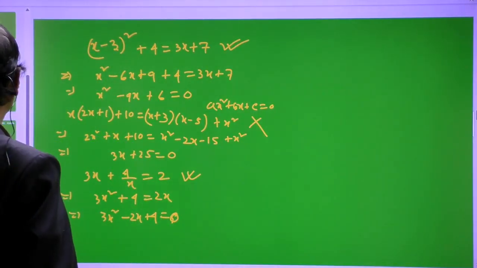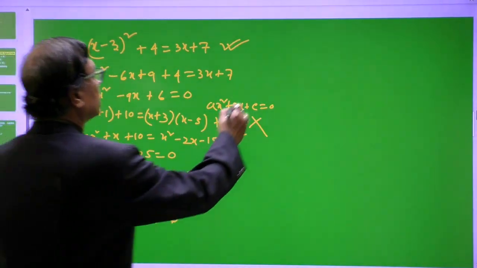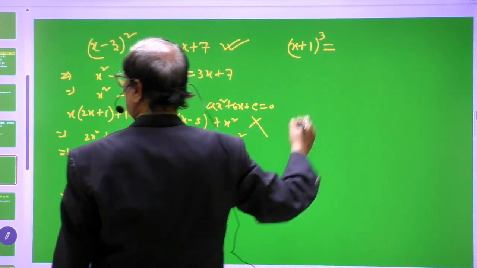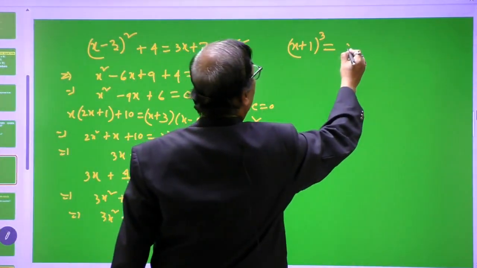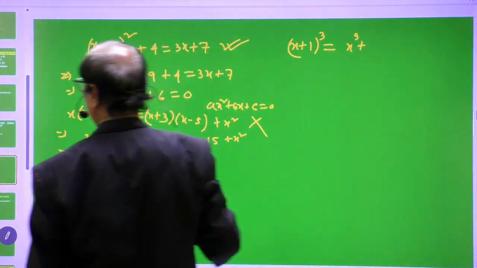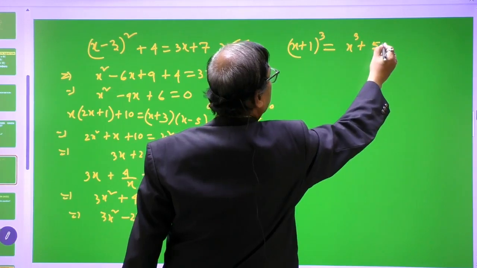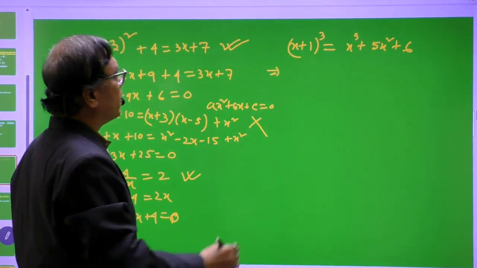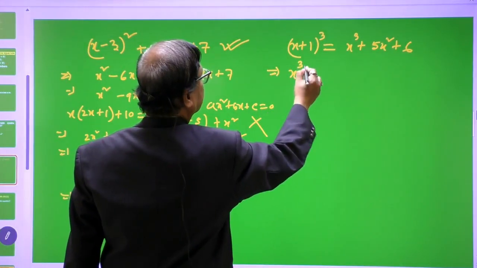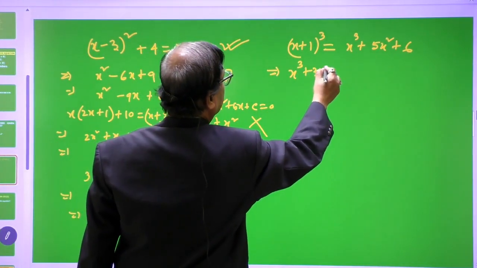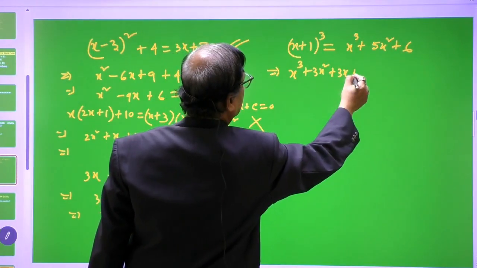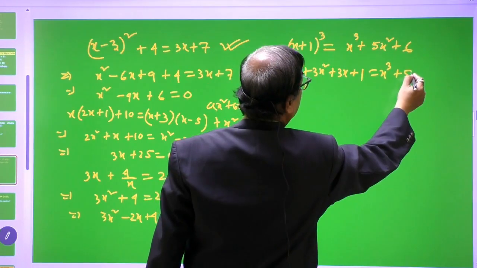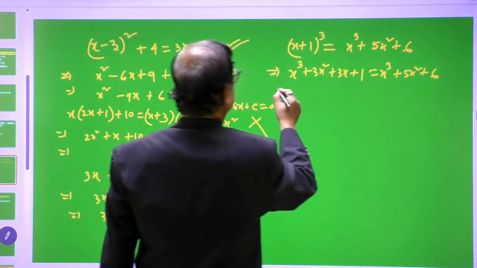Now, the last example, x plus 1 whole cube equals x cube plus 5x square plus 6. If you simplify, we get x cube plus 3x square plus 3x plus 1 equals x cube plus 5x square plus 6.